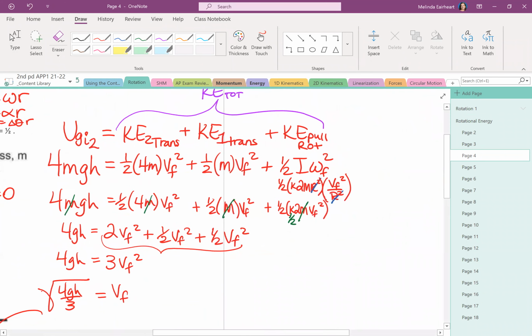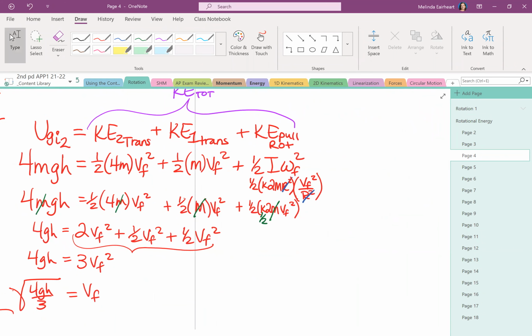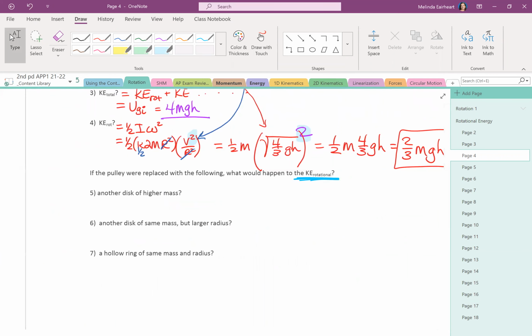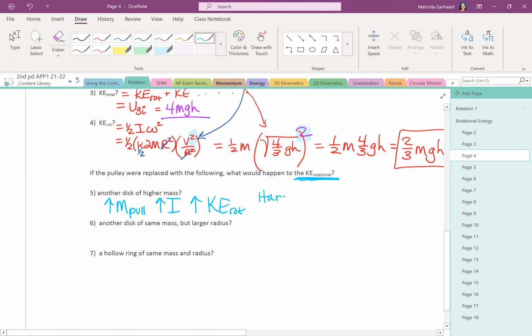If the pulley mass goes up, inertia goes up. It's harder to rotate, so it would take more energy to rotate the disc. A higher mass of pulley means a higher inertia, a greater rotational kinetic energy, and note to self, it's harder to rotate.